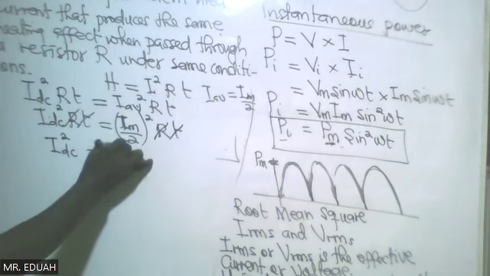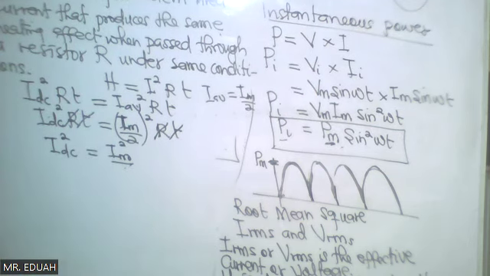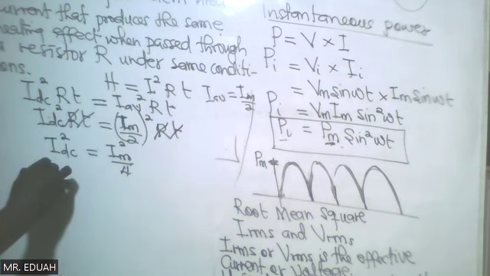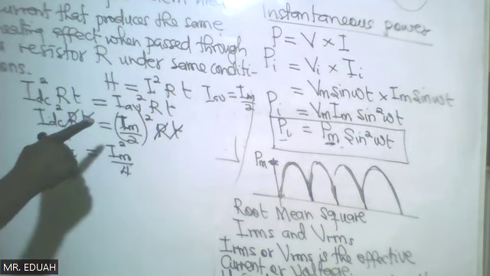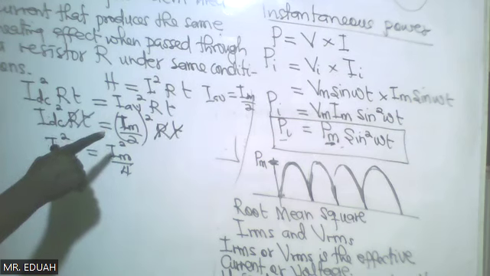IM squared over 4. Four. Okay. Now, this is for I average. All right, I'm coming.